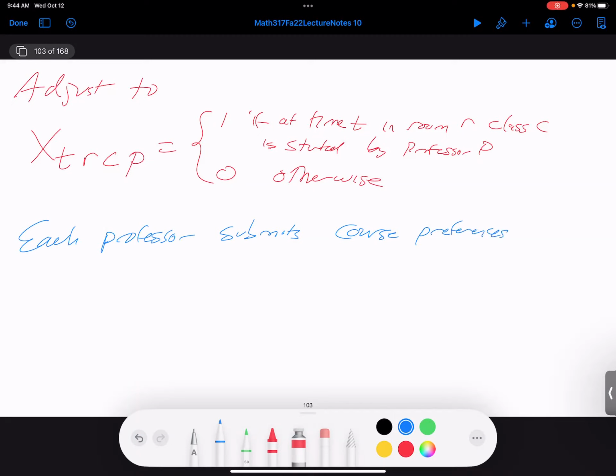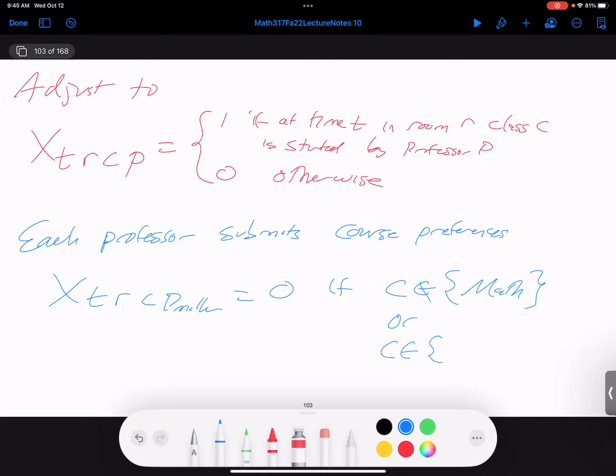So maybe for X, T, R, C, P sub Miller equals 0 if C is not in math. And so maybe I'm willing to teach any math class. Or C is in algebra. I won't teach any algebra classes.